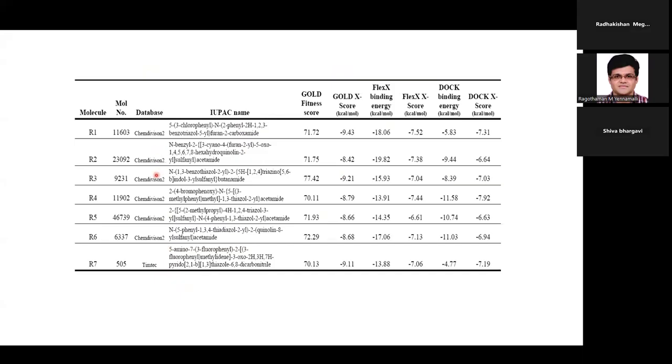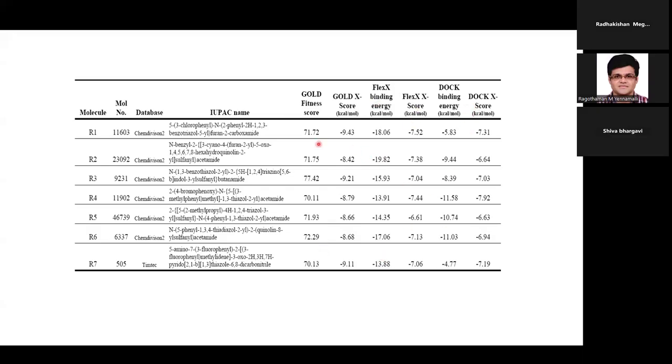The database in which this was found was ChemDiv. It's from the company called ChemDiv, and this is the IUPAC name. And what you can see is the original score that was obtained from Gold, which is a virtual screening tool, FlexX, and Dock.